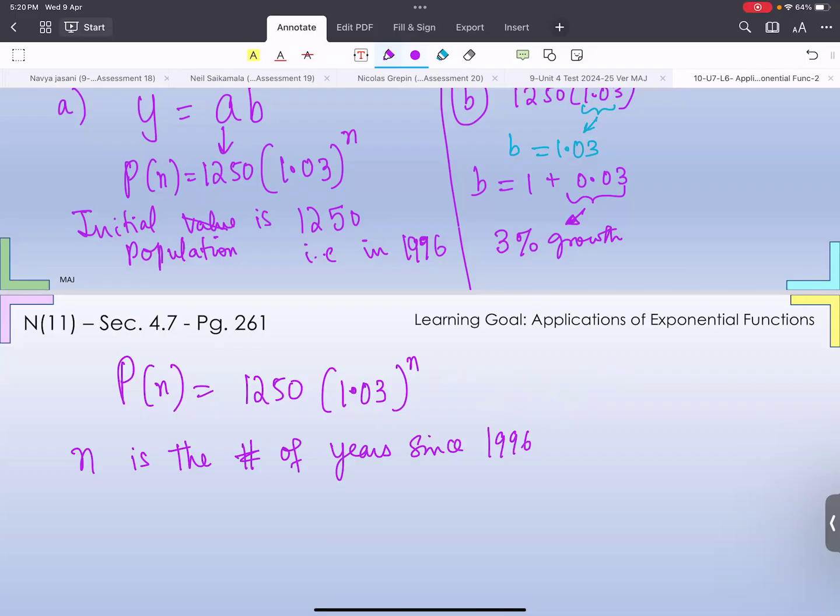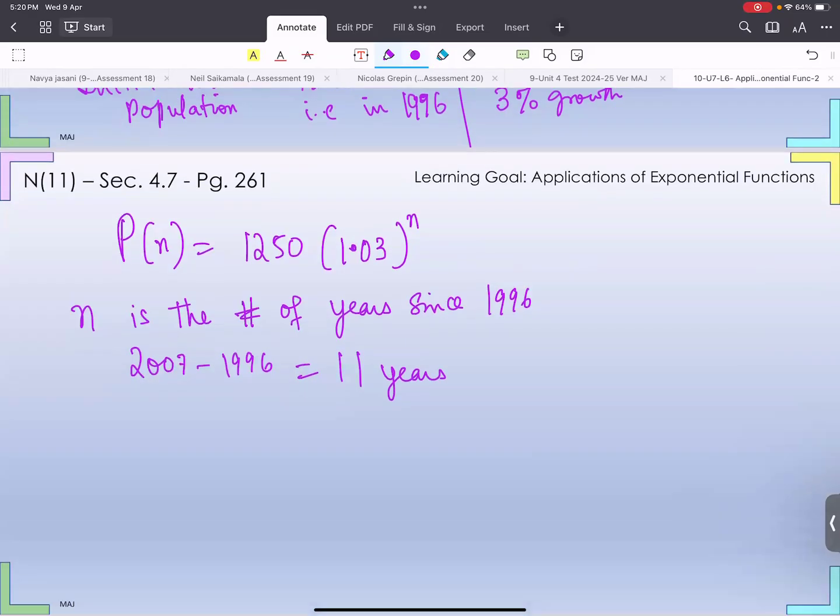Right? So 2007 minus 1996, and that is 11 years. Oh, sorry. Okay.